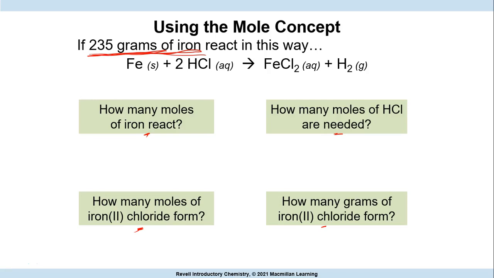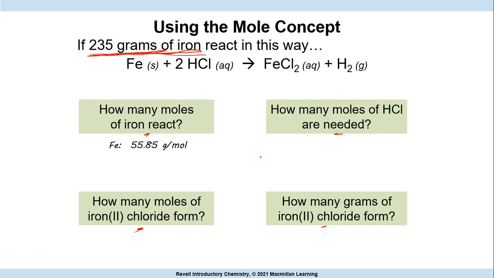Now, to know the moles of iron that have reacted, we need the molar mass of iron to calculate the number of moles. So we've already seen a couple of examples using that. So let's start with that case. The molar mass of iron is 55.85 grams per mole. Now, we are going to start with the mass that we've been given, 235 grams of iron. So we are using the conversion factor here, which is the molar mass.